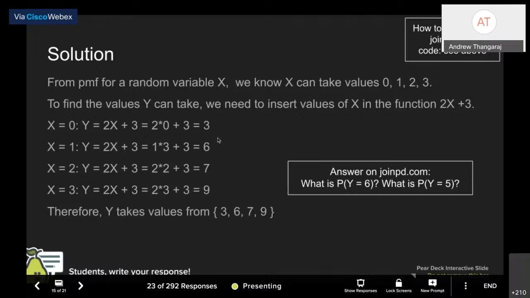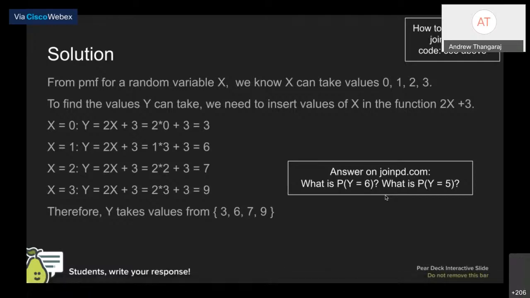First of all, there's a typo on the slide. Ignore that. x equal to 1 gives 5, it's not 6. It's a silly typo. So it's 3579. And then what I want you to answer is the question in the box here. We saw what's the probability of x.